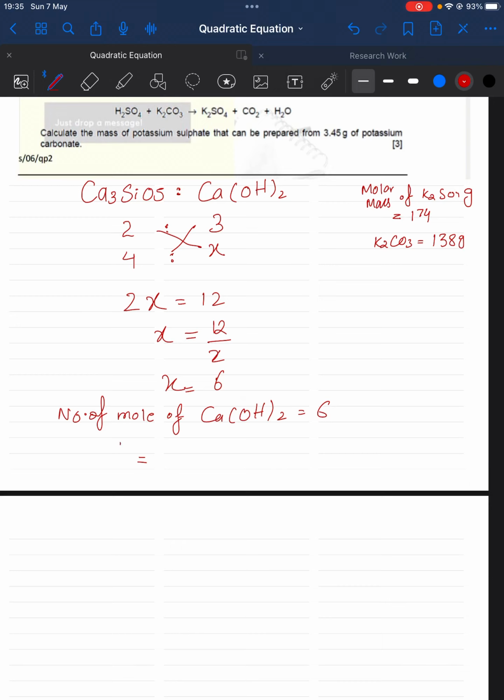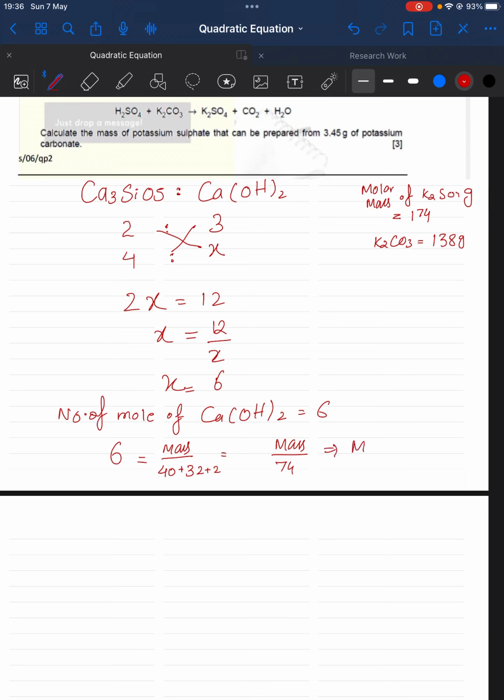We know that number of moles is equal to mass over molar mass, and the molar mass of calcium hydroxide will be: the mass of calcium is 40, and we have 2 oxygen and 2 hydrogen. So it will be mass over 40 plus 34, it will be 74.